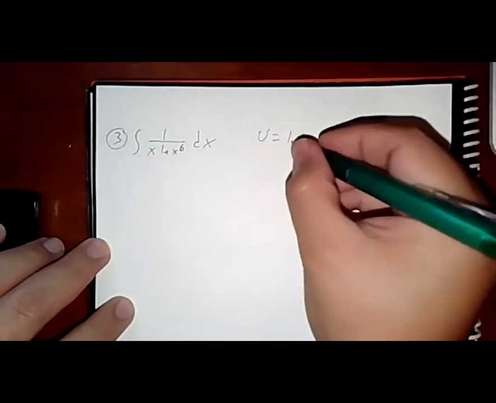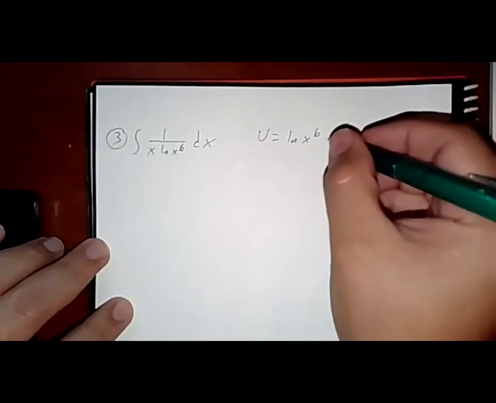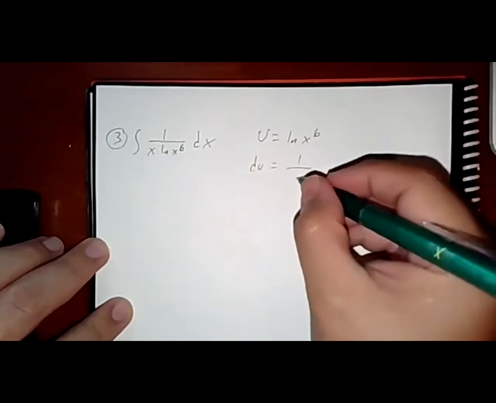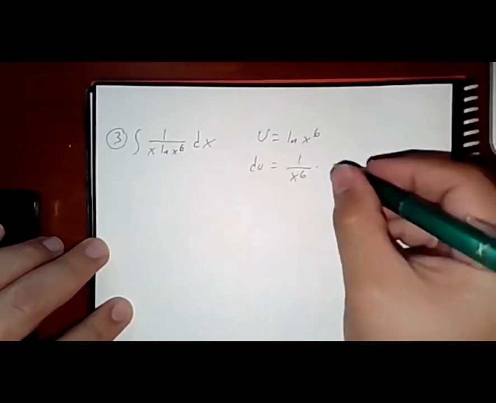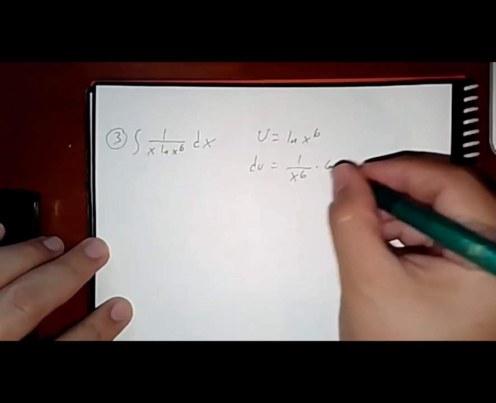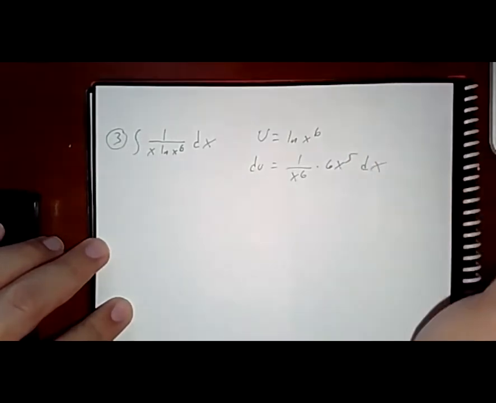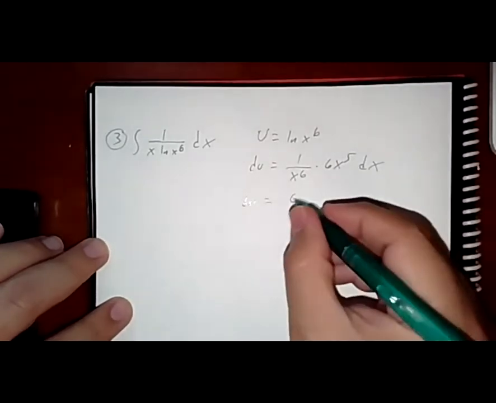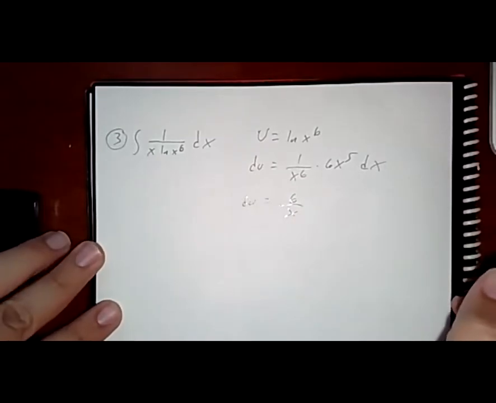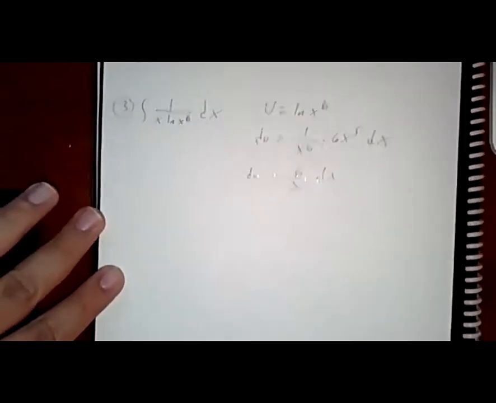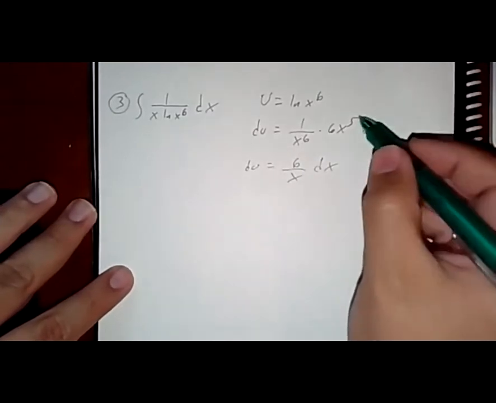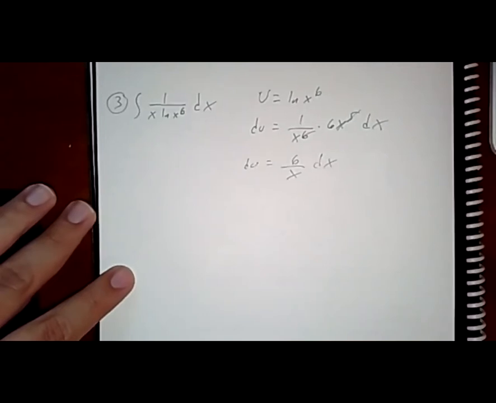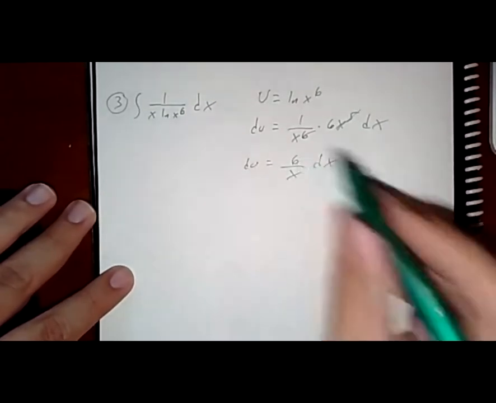Let u be ln x to the 6. du will be 1 over x to the 6 times, chain rule says, 6x to the 5th dx, right? So du will be 6 over x dx, because you'll cancel all these with this. So then get rid of that 6 and we're done, right?